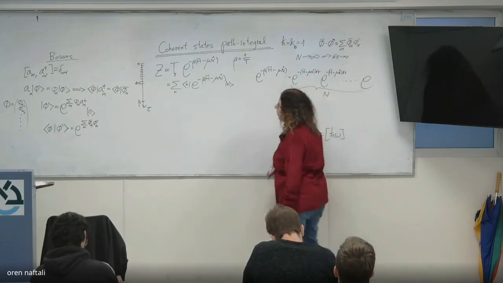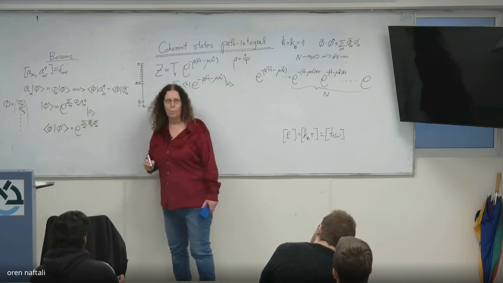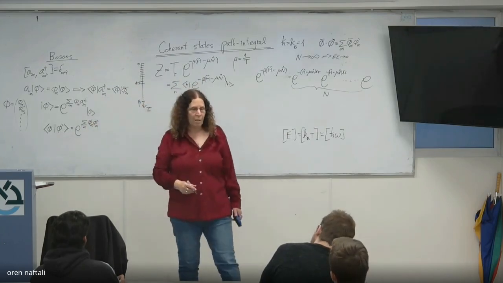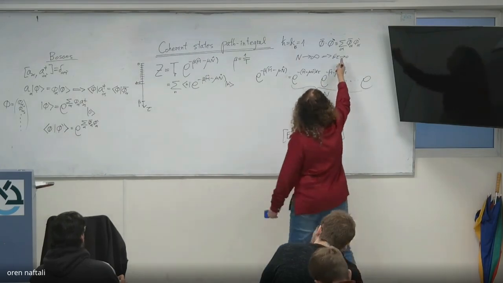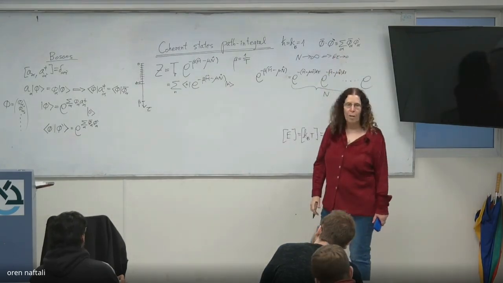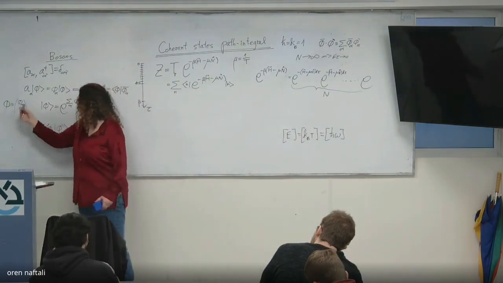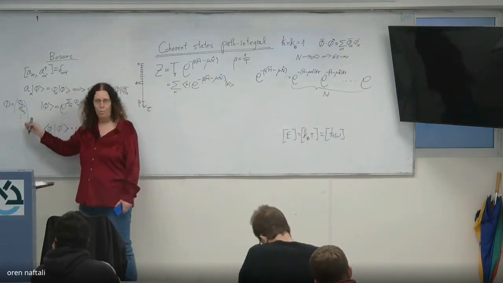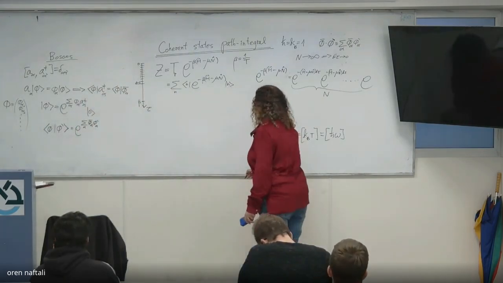So this thing that appears in the exponent, you can think of it as a scalar product between two complex numbers. Because this phi is a vector of all possible alphas.